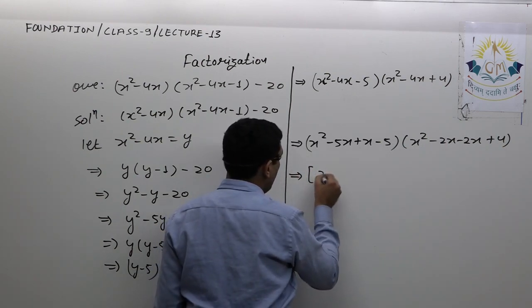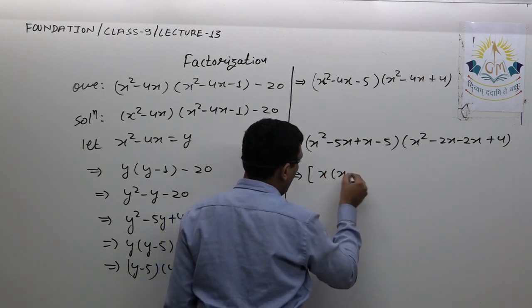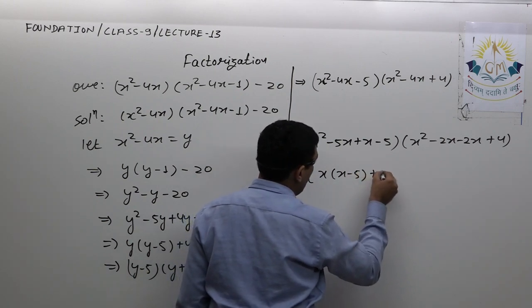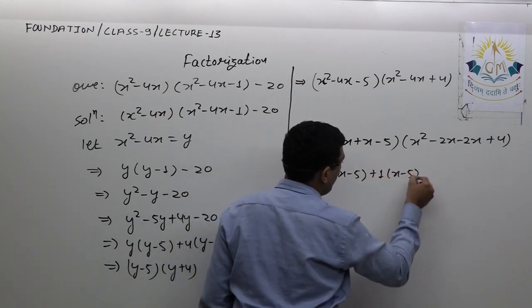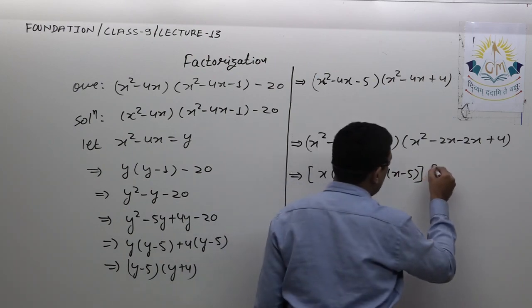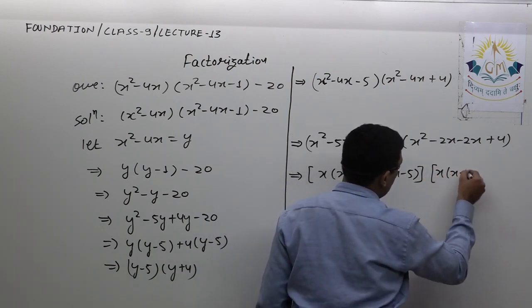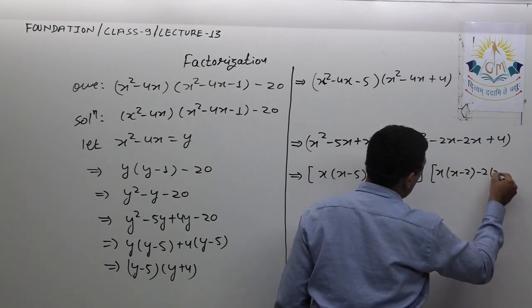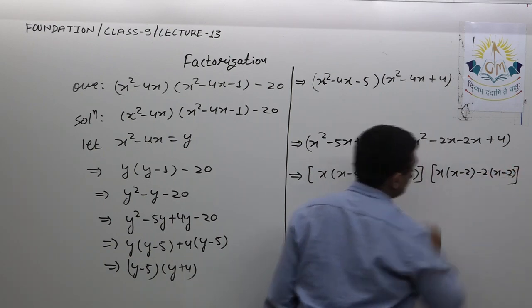So here it will be, if I take x common, so x minus 5. If I take plus 1 common, again x minus 5. Okay, over here if I take x common, it is x minus 2. If I take minus 2 common, it is again x minus 2.